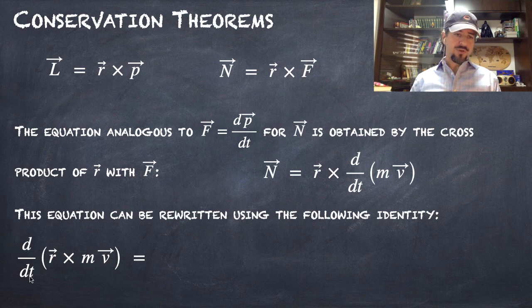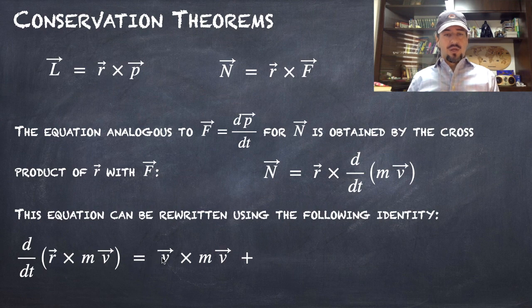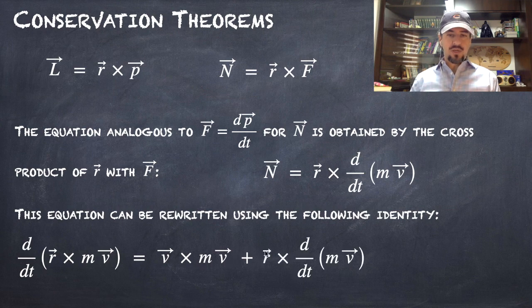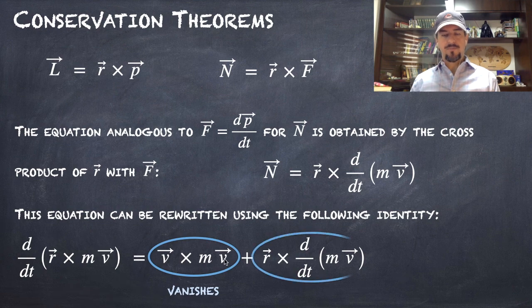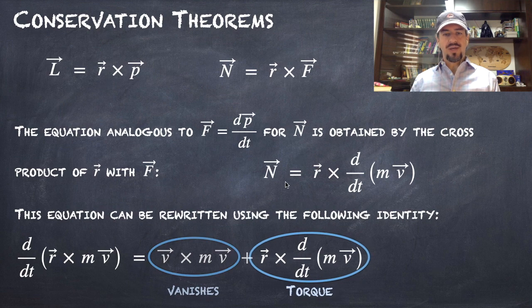Consider the derivative with respect to time of r in a cross product with the momentum mv. It is obviously the velocity v, the derivative of r with respect to time, in a cross product with mv, plus r and the derivative of the momentum. So this term here vanishes because v is parallel to mv. And this term here is the torque. Exactly what we have here.